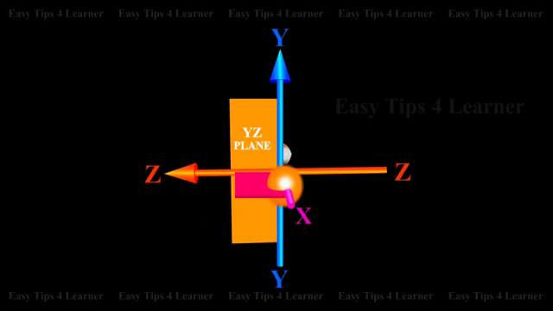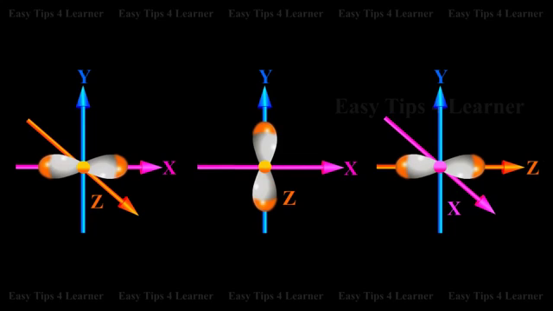For example, for 2px orbital, the yz plane is the nodal plane. Thus, p orbitals have dumbbell shape and have directional character. The probability of finding the electron is equal in both the lobes. The p orbitals of higher energy levels have similar shapes although their sizes are bigger.